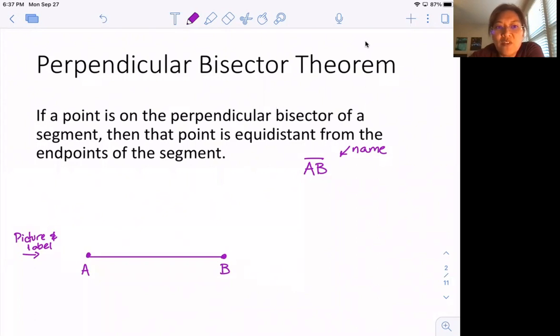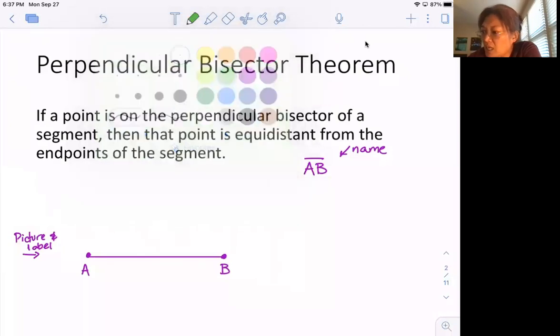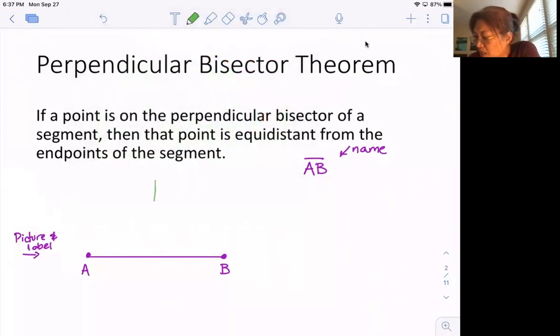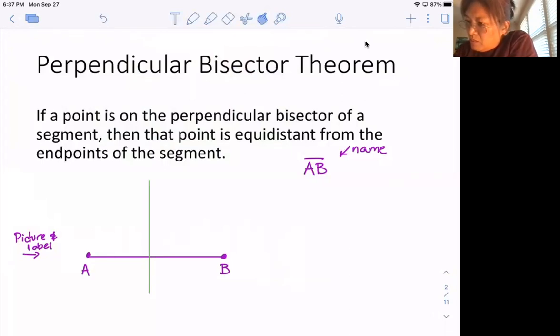Okay. So if a point is on the perpendicular bisector of the segment, we are going to attempt to cut line segment AB in half. Sorry, let's say we've cut line segment AB in half.